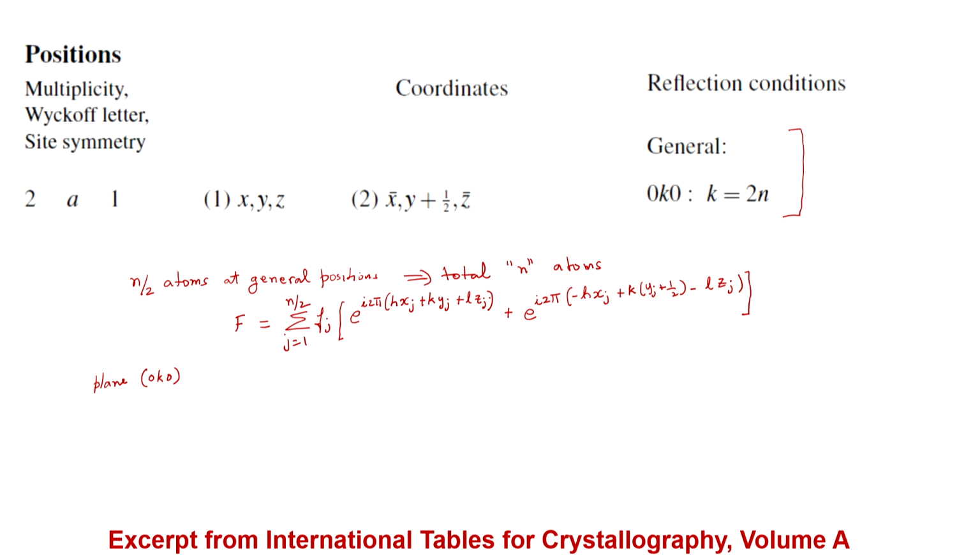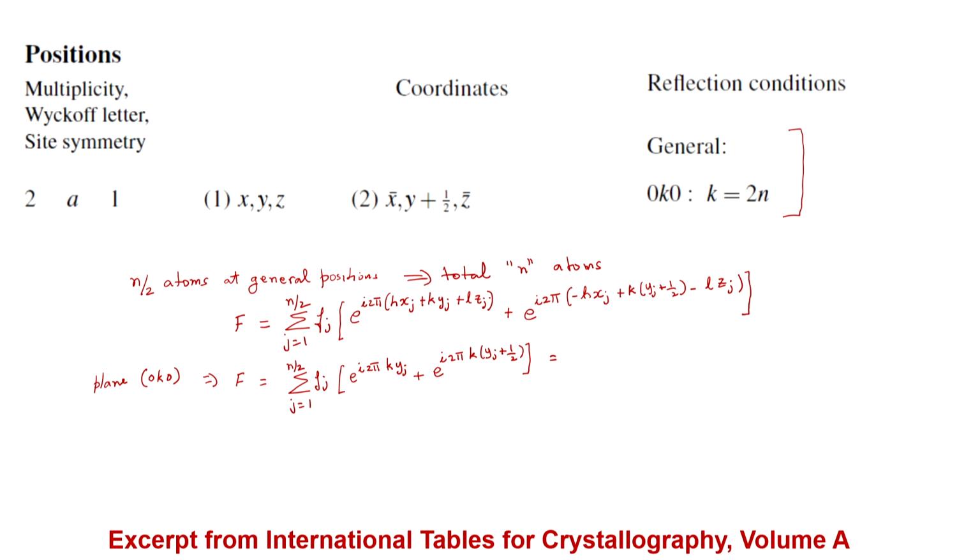If I look at this, my structure factor becomes the sum over j equal to 1 to n by 2 of Fj, and the first term, with h and l put to 0, would be e to power i 2 pi k yj, plus the second term will give me e to power i 2 pi k yj plus half.